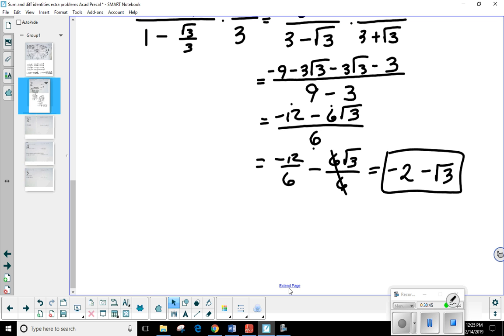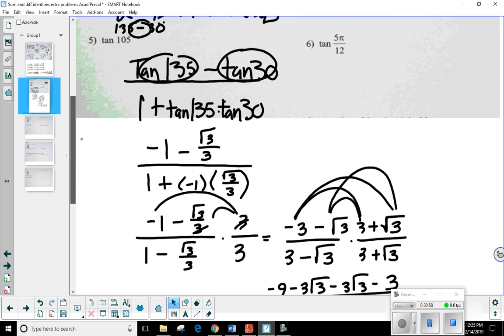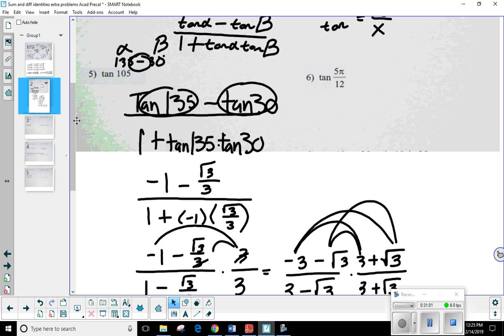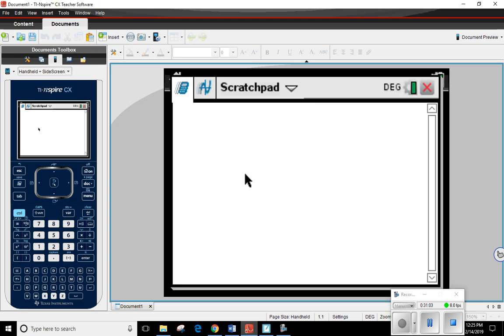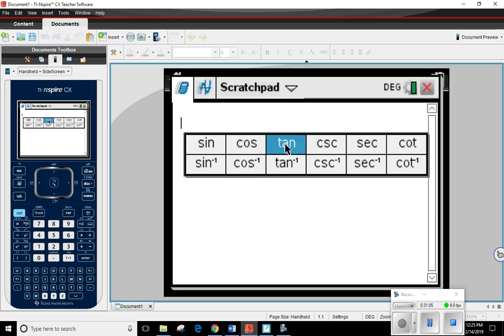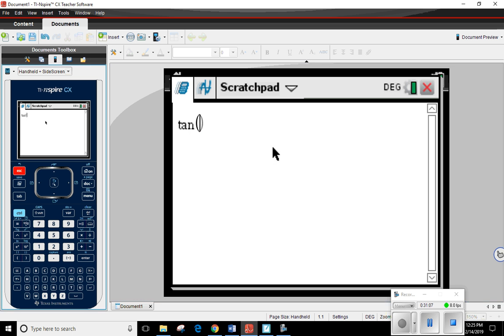Now see, that one took a little bit more algebra simply because we started with a fraction. They won't always do that, but if one of them's going to, it's probably going to be tangent. Okay. Now let me actually show you this. What was the original problem we were solving? Tangent of 105? Okay. So let me come on over here. Tangent of 105.